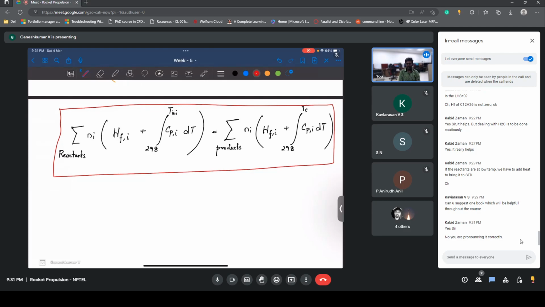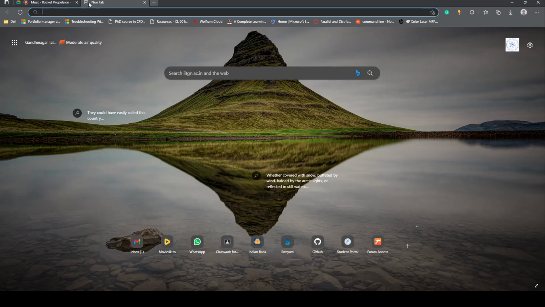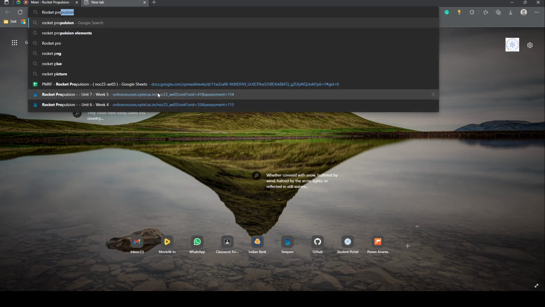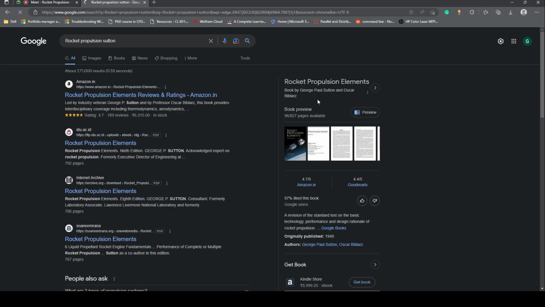But if you want a more detailed understanding of rocket propulsion, there is one more book, called Rocket Propulsion Elements by Sutton, Robert Sutton, I guess, and Biblarz.